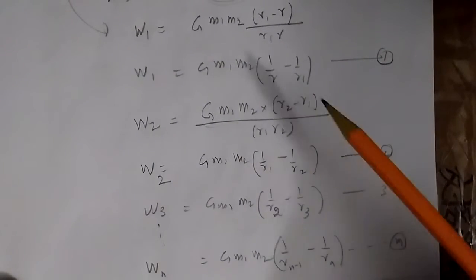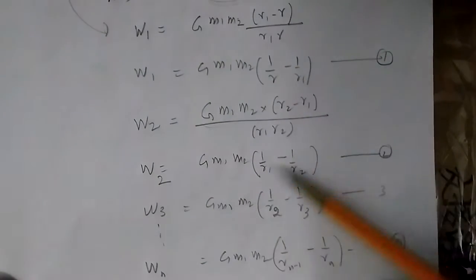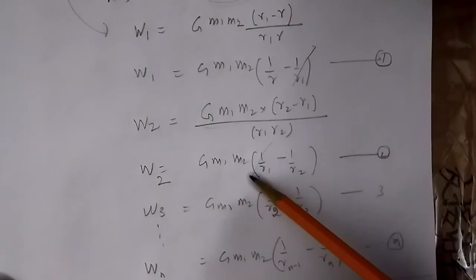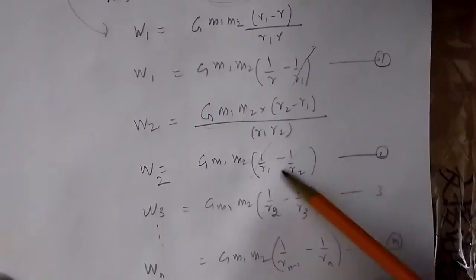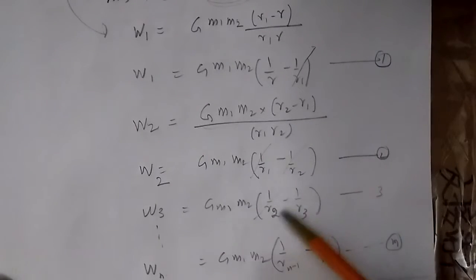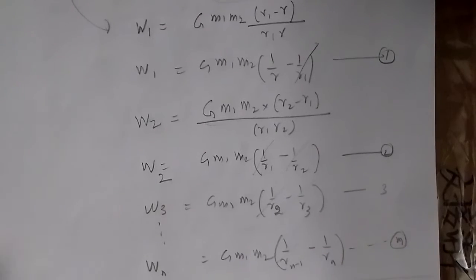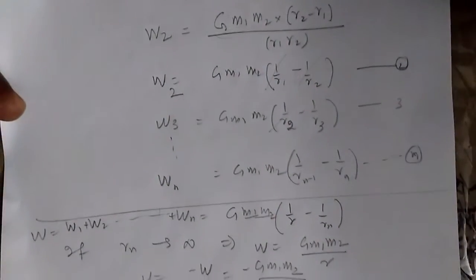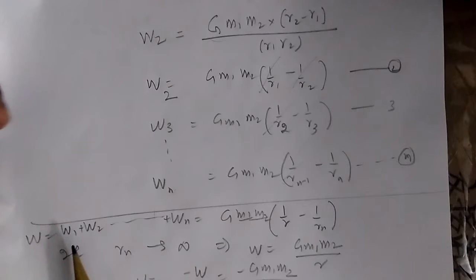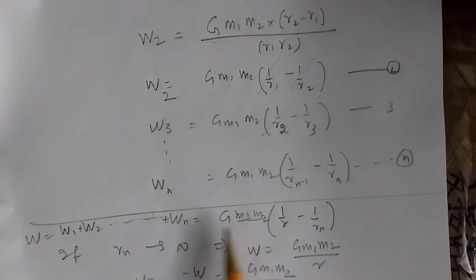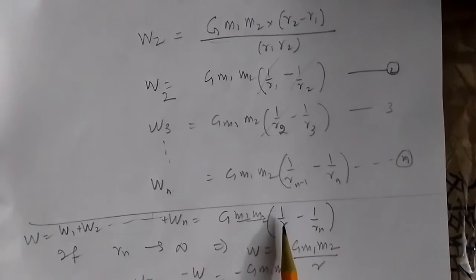If you look closely, you see that if you add all these terms, 1 upon R1 cancels with minus 1 upon R1 here. Minus 1 upon R2 cancels with this. And this continues through the whole thing. In the last we get minus 1 upon Rn. So the amount of work done from the position R to Rn is the sum of these, and it's given by G m1 m2 times 1 upon R minus 1 upon Rn.